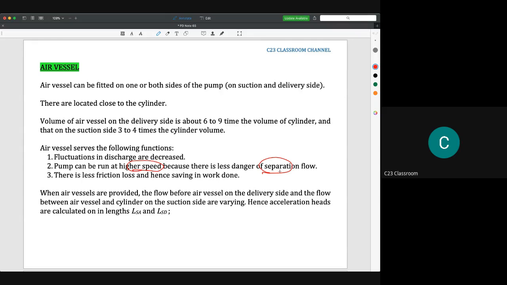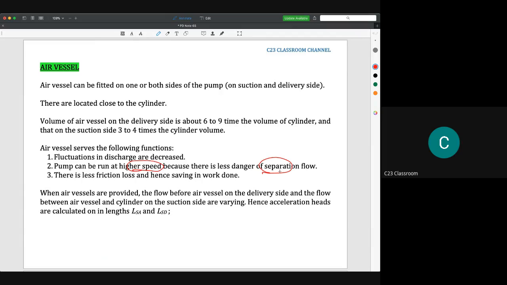Separation flow means the water starts to detach from the pipe, and it can create some kind of bubbles and so on. That bubble could create impingement on the surface of the pipe, so it can lead to micro cracks, and with high RPM and vibration of the pipe, it could crack the pipe. So we don't want that to happen. So we put an air vessel.